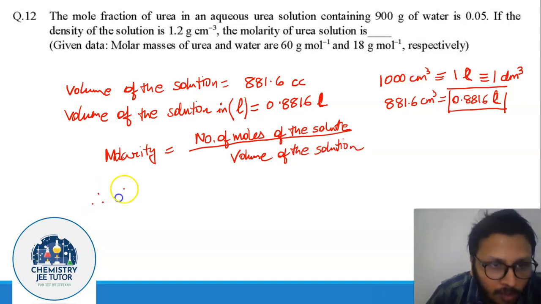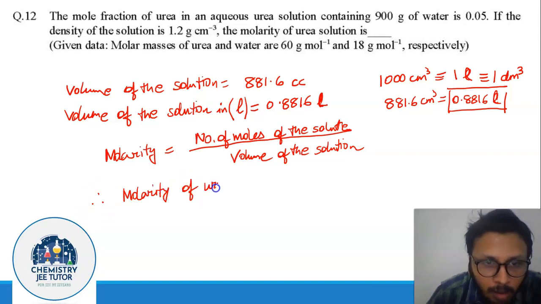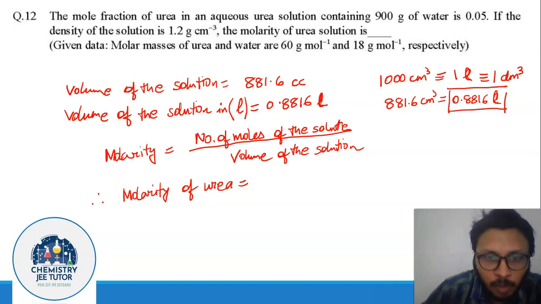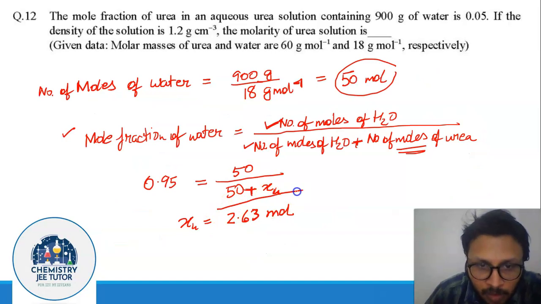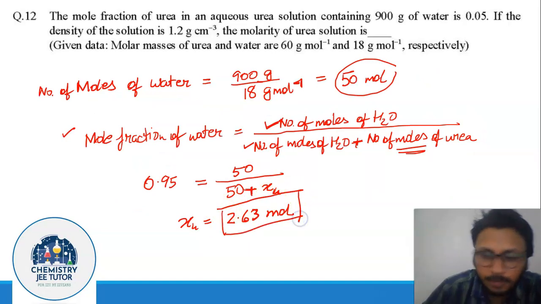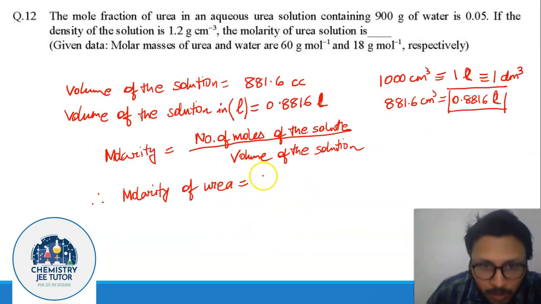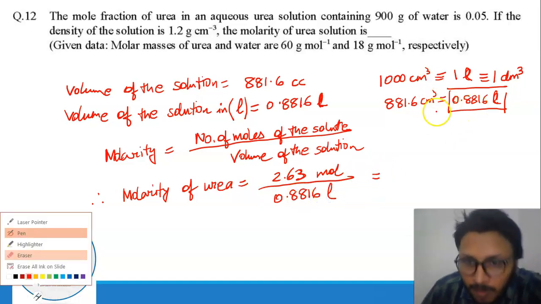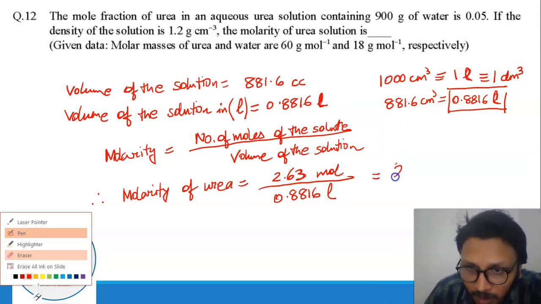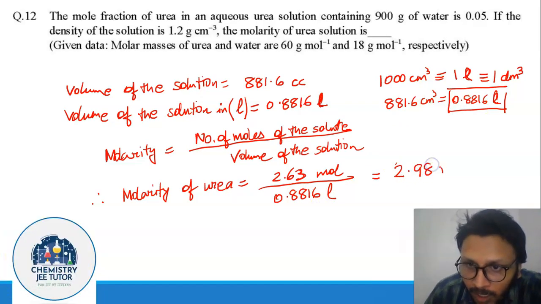So the molarity of urea is equal to, what is the number of moles we calculated? Okay, we calculated here the number of moles of urea, 2.63. So it is 2.63 mole by 0.8816 liter. This, after cutting up to 2 decimal points, comes to around 2.98 mole per liter.